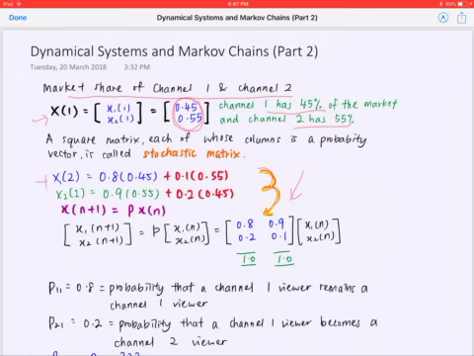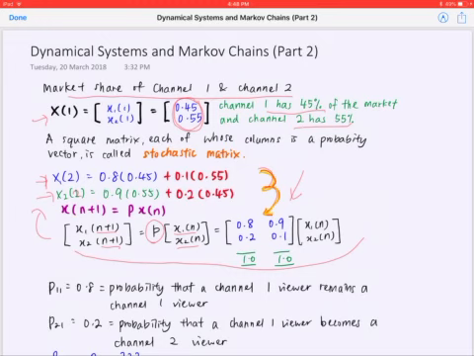So you have the second year prediction for channel 1 and channel 2, and then eventually you can calculate for the third, the fourth, fifth, and so on, where the calculation can be simplified into this equation. So the n plus 1 year will depend on the probability matrix multiplied with the preceding year.